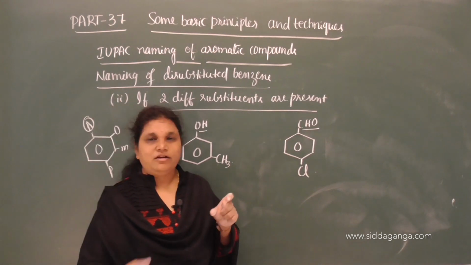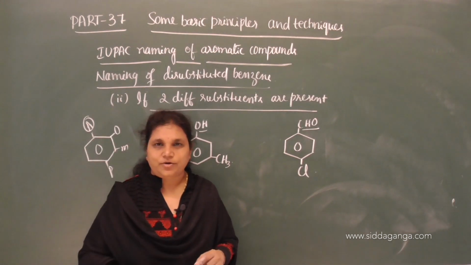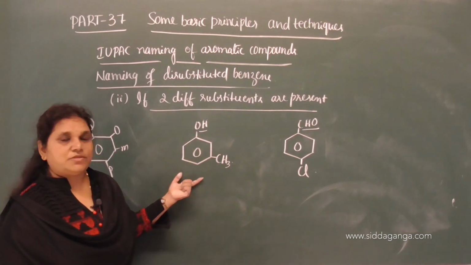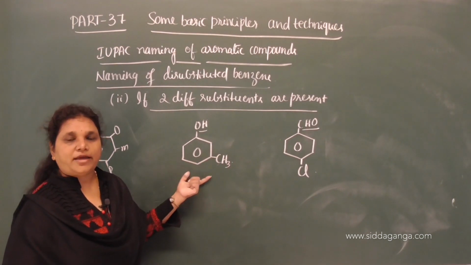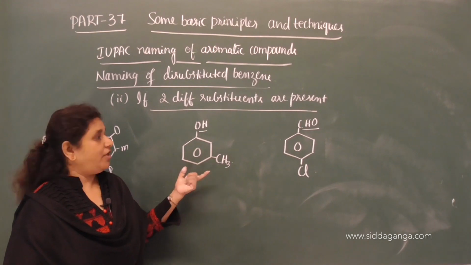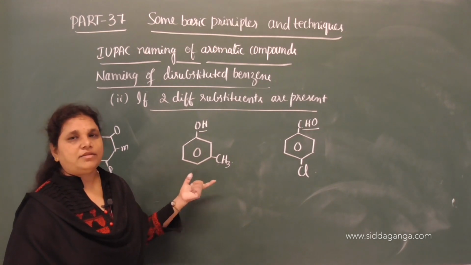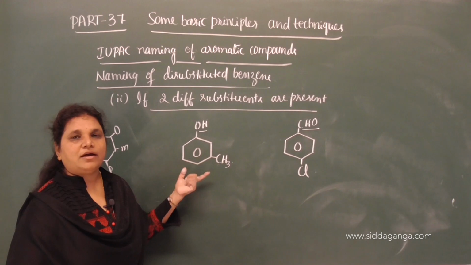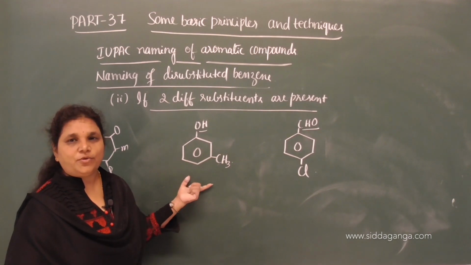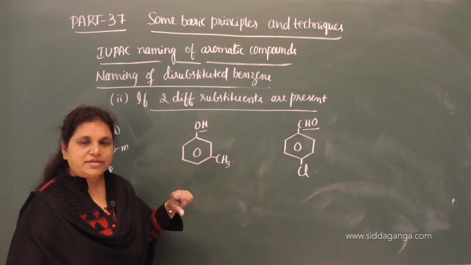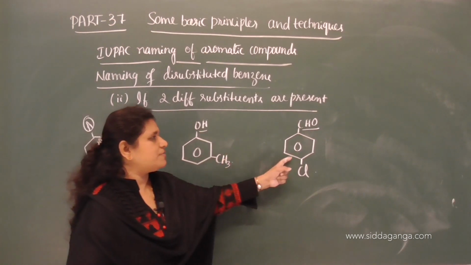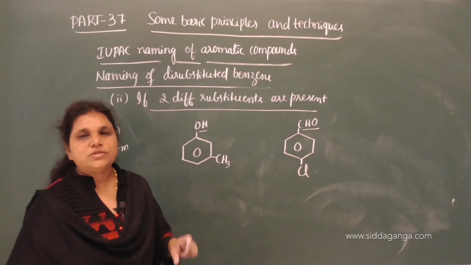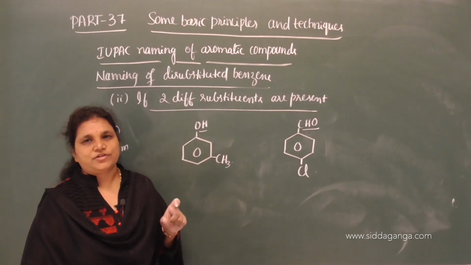So if one of the groups is a functional group, then we can use the functional group containing benzene ring as the root word. We can use a special name, or the name of that benzene carrying the functional group, as the root word instead of benzene, because we have special names for those compounds which carry a functional group.